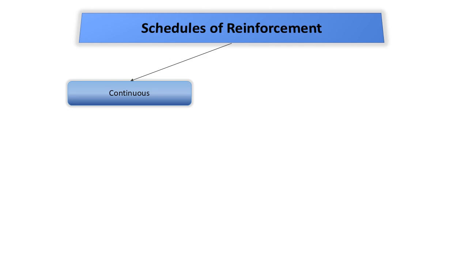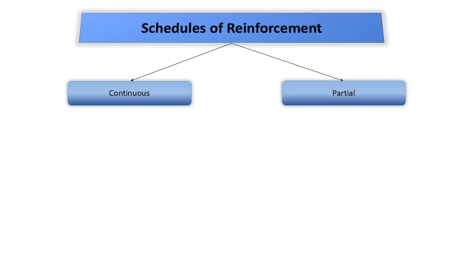what can be done is that we may utilize the other form of reinforcement schedule that is known as partial reinforcement. The behaviors learned through partial reinforcement are more slowly acquired in comparison to continuous reinforcement.